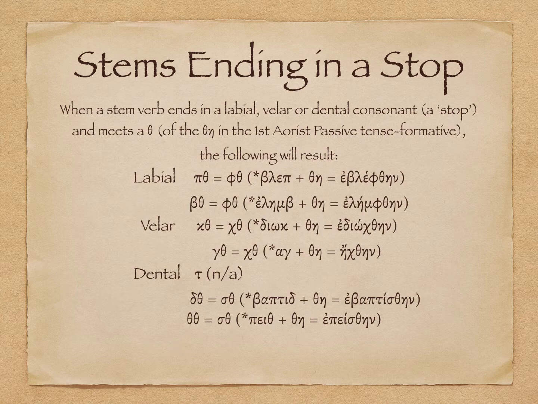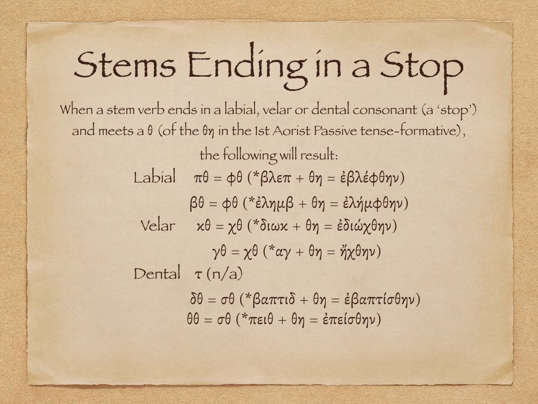So if you have a stem that ends in a pi or a beta, and it comes into contact with that theta, it goes to a phi.